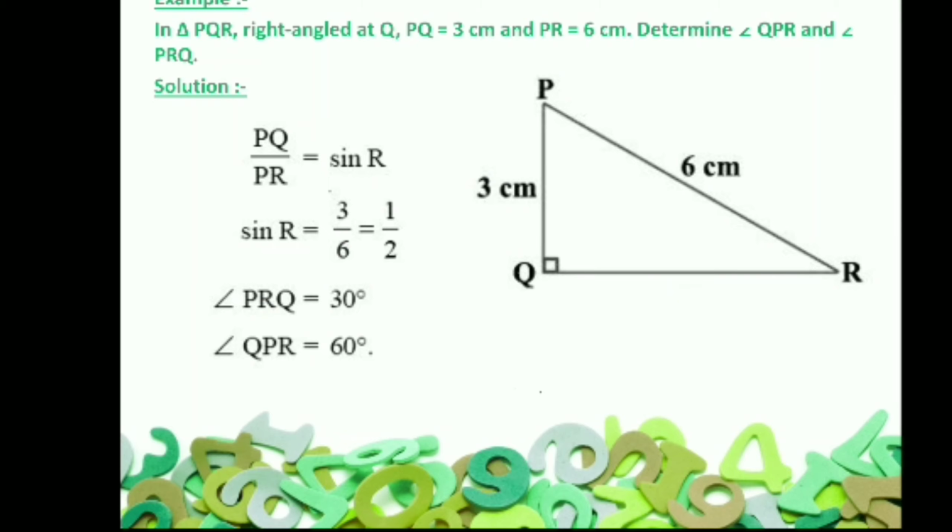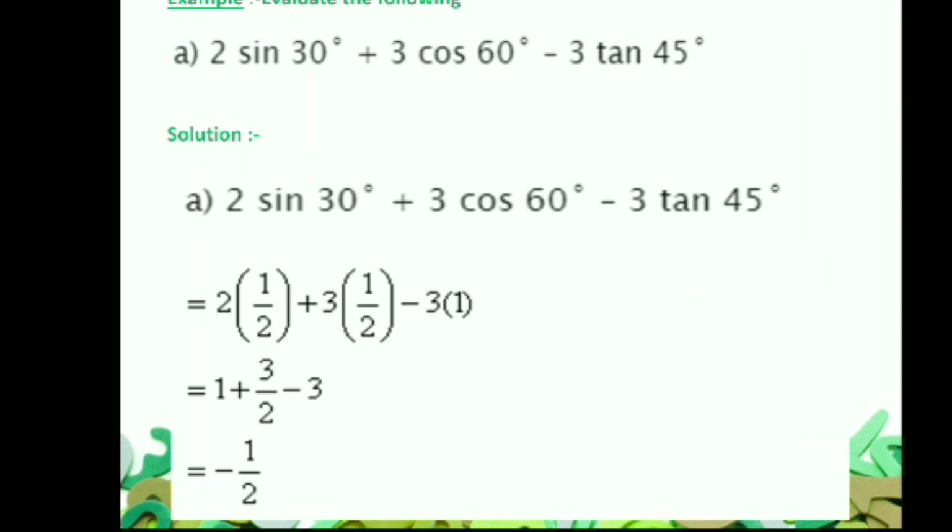Now the second for you. Evaluate the following: 2 sin 30 degrees plus 3 cos 60 degrees minus 3 tan 45 degrees. We copy the same question and put in the values of these angles.